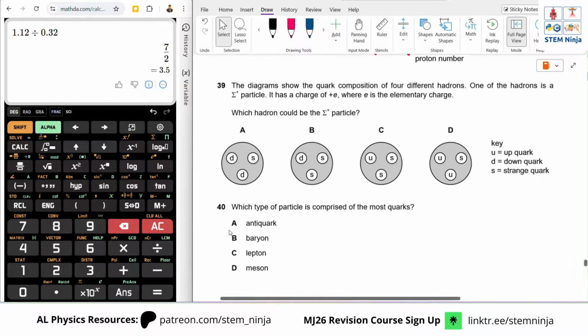The diagrams show the quark composition of four different hadrons. One of the hadrons is the sigma plus particle. It has a charge of plus E, where E is the elementary charge. Which hadron could be the sigma plus particle?